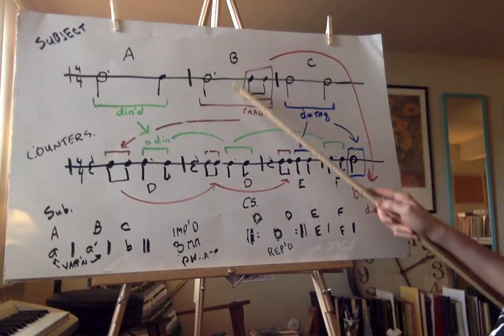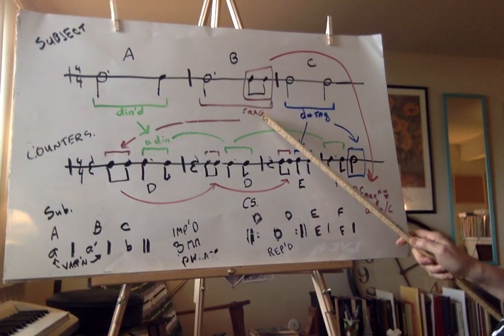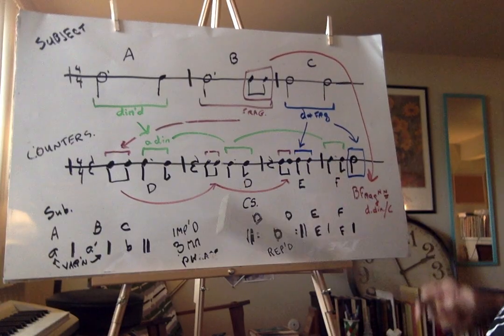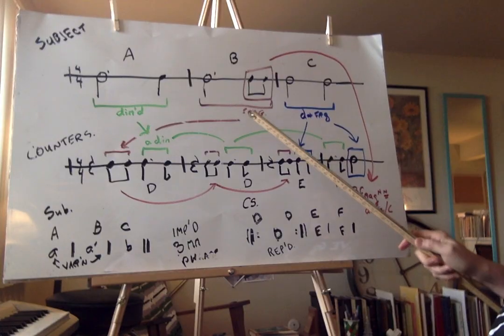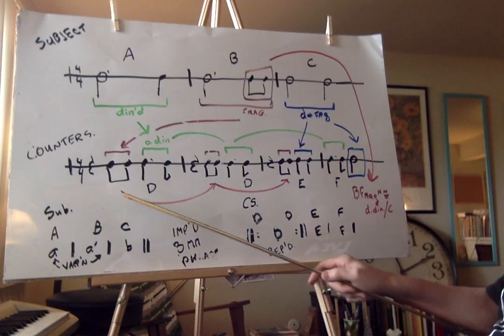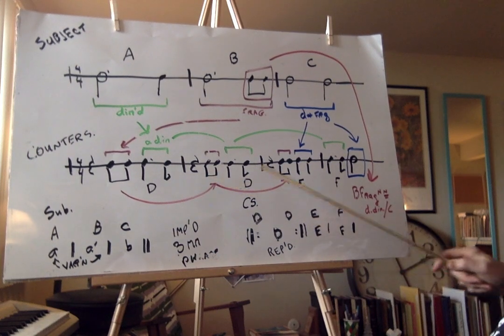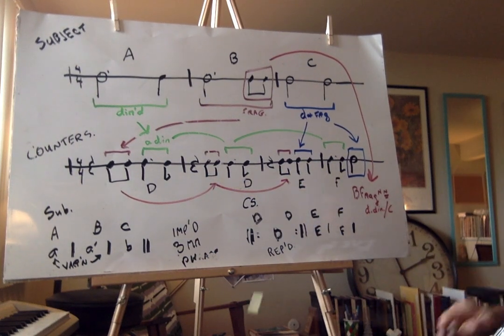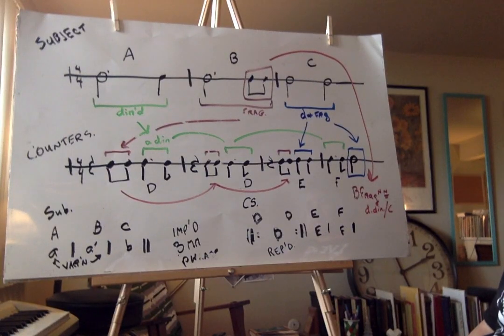Similarly, if you take those two eighth notes, that fragment from B, what I call B frag, or fragment of B, shows up in the first measure, the second measure, and the third measure of the countersubject.